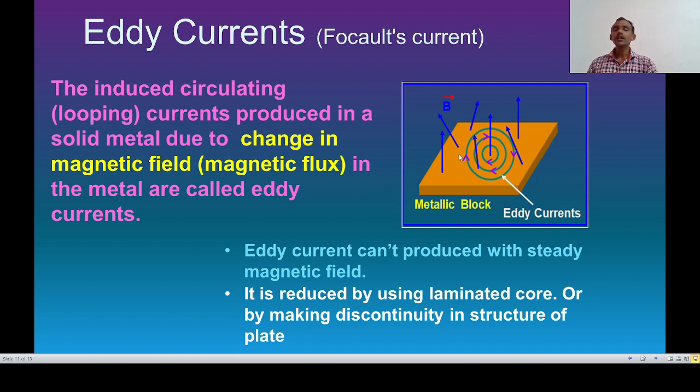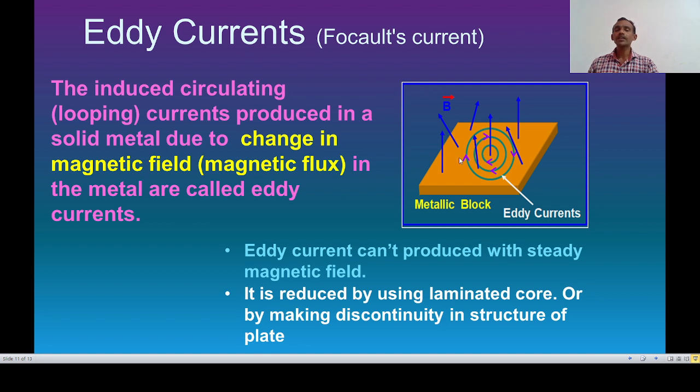Eddy current can be reduced by using a laminated core. That is, if we laminate the metal plate, eddy current will be reduced. It can also be reduced with the help of discontinuity in the structure of the plate.